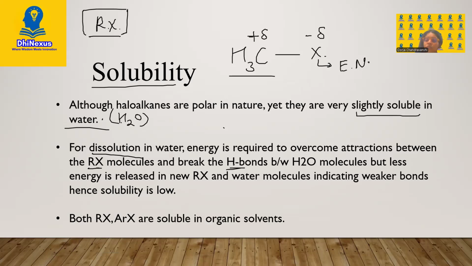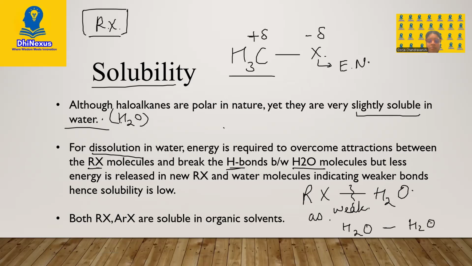Which kind of bonds? Hydrogen bonds, which are formed between water molecules. But when you're breaking them and forming new bonds between alkyl halide and water, these bonds are quite weak as compared to the hydrogen bonds between the already existing water molecules. So the energy that is released is quite low and weaker bonds are formed. Hence, the solubility in water is low.